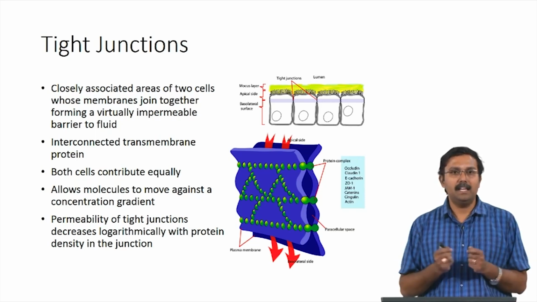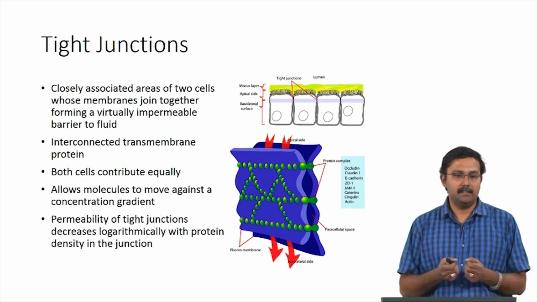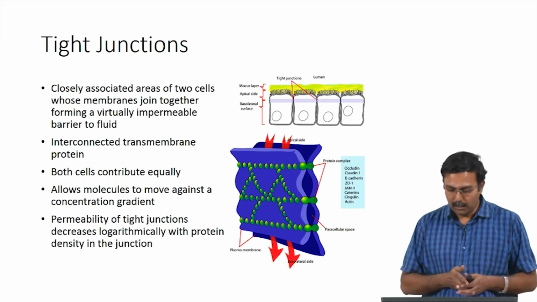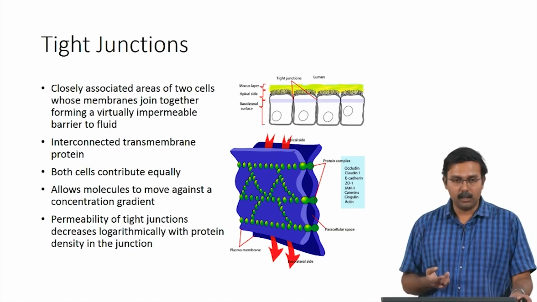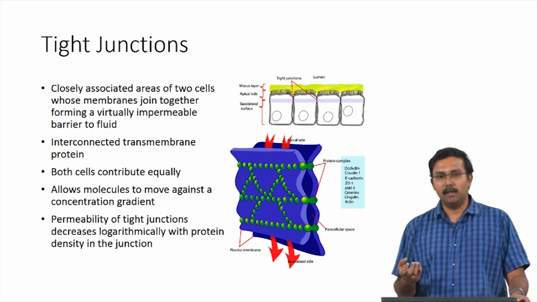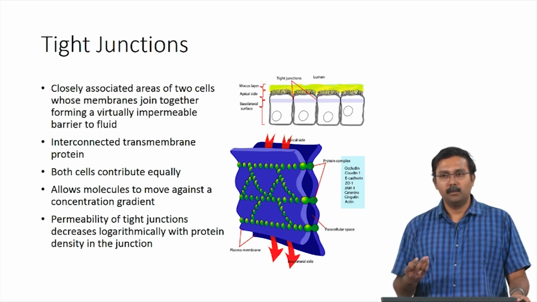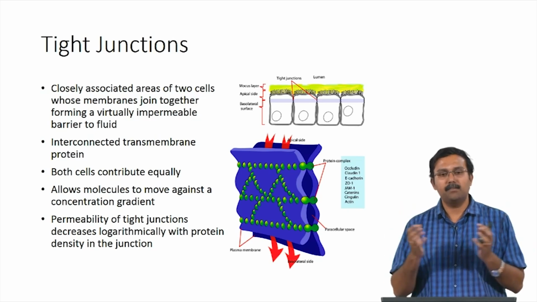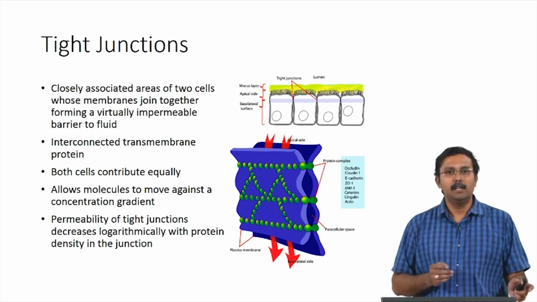So, this is a very tight interconnected junction. So, the transmembrane proteins interact with each other to form a very strong protein complex. So, here both the cells are contributing equally. So, you would have the receptors and ligands interacting from both cells at an equal level.